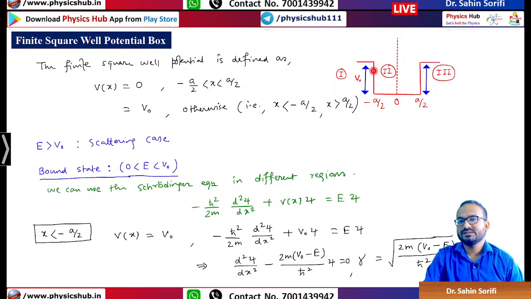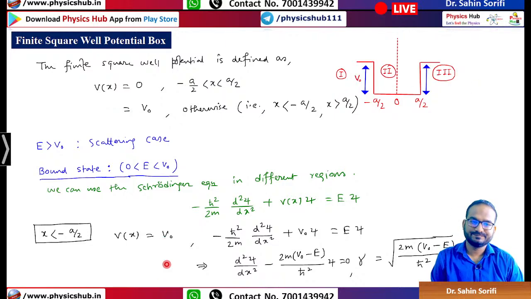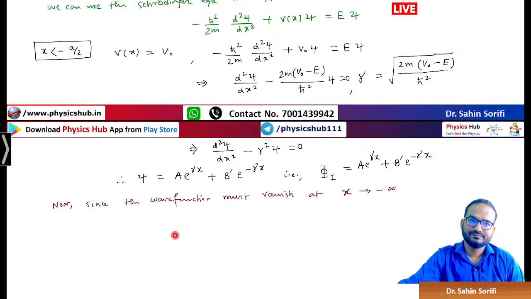When the particle's energy is less than V naught, classically it is not possible for the particle to come out, but quantum mechanically there is a probability to find the particle in the other two regions. So obviously that will give rise to tunneling. The particle can exist theoretically with the help of tunneling. If you consider the wave functions, they will be exponentially decaying like this. Got it?